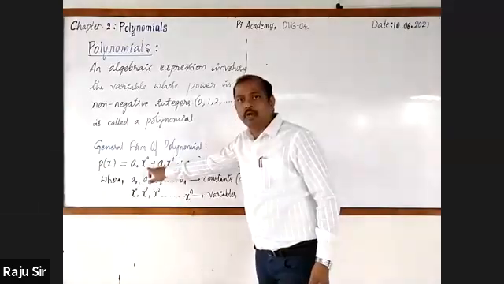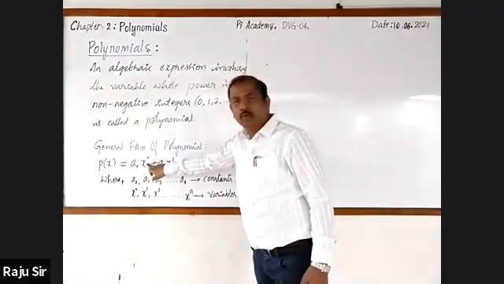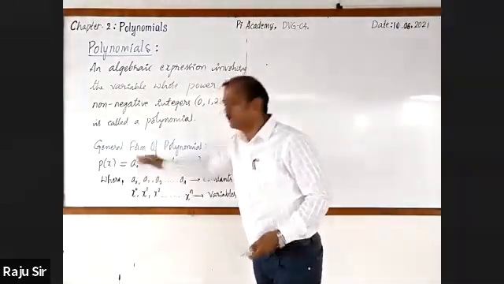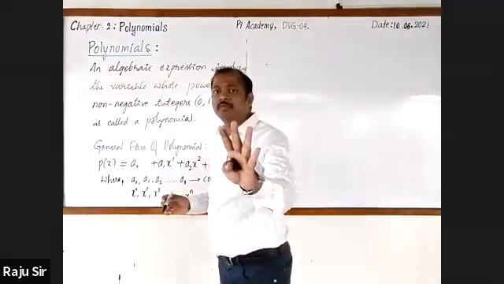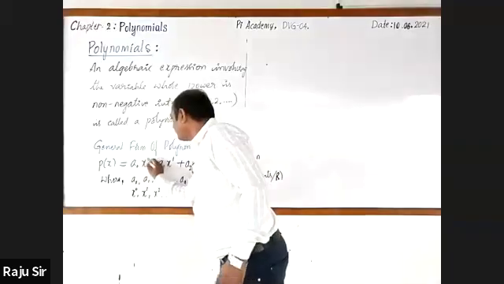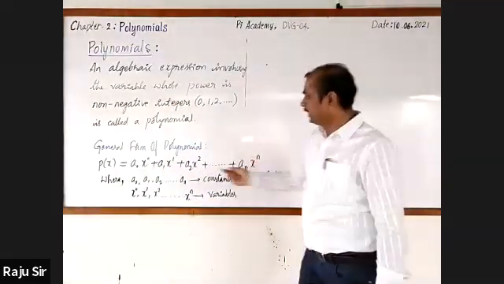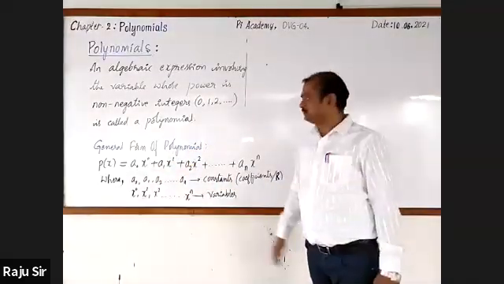Yes, students, you all know that anything raised to the power 0 is 1. You no need to write x raised to the power 0. It is understood. There is 1. Got it? Don't go for striking it. Just for information, I have told. And to write them in the order, I have included that also.